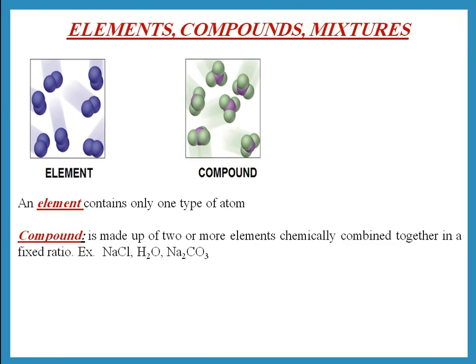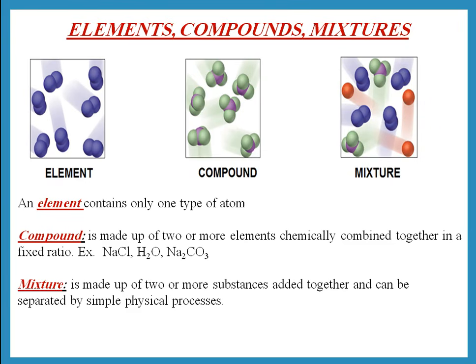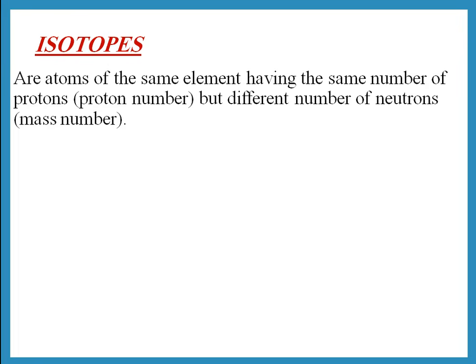So the compound will have different elements that are chemically combined together. The mixture is made up of 2 or more substances added together and can be separated by simple physical processes. So a mixture will have different things, either they are elements or they are compounds.